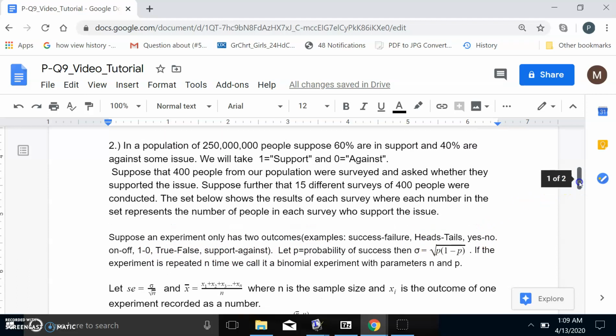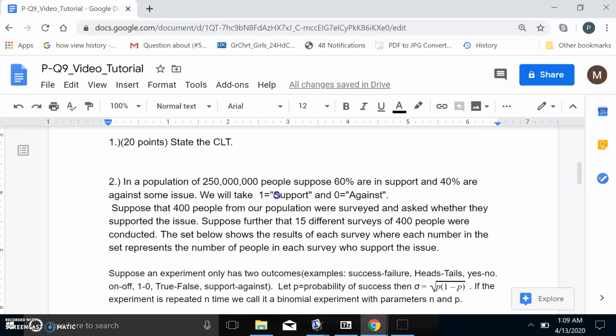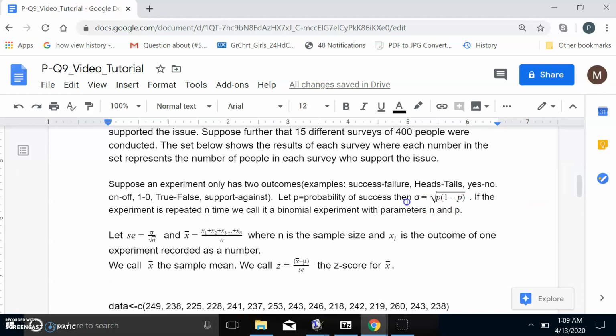So here we're considering support as success, say. So here our p-value would be 60%. So 60% are in support. Then the standard deviation, when you have an experiment like this, is the square root of p times 1 minus p. So it's pretty much the square root of percent that support times percent that are against.